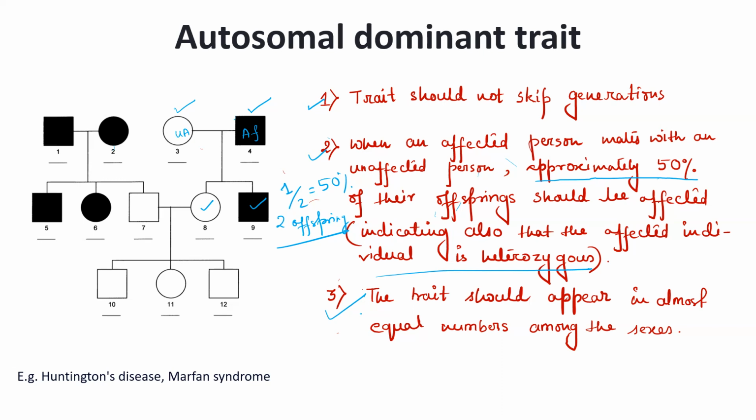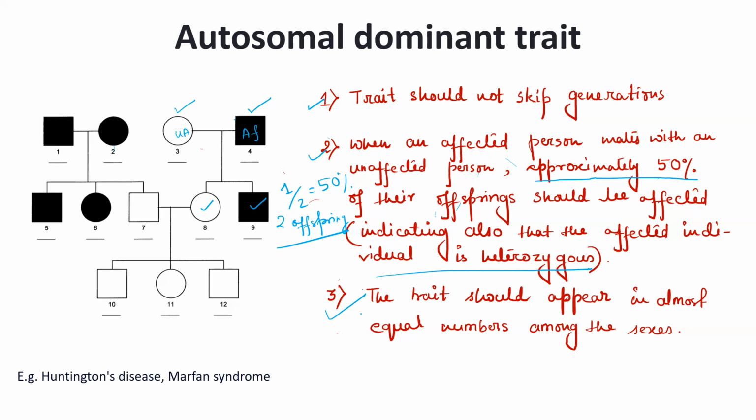And always remember for an autosomal dominant trait, unaffected carriers are not found here. Remember this: the affected individual transmits the trait to half of their children.